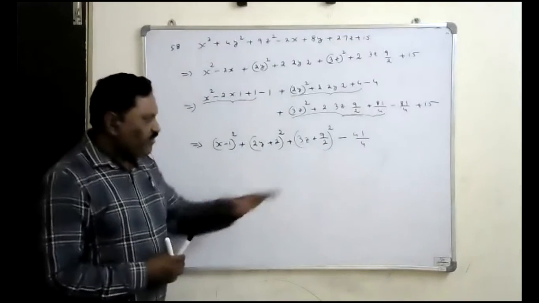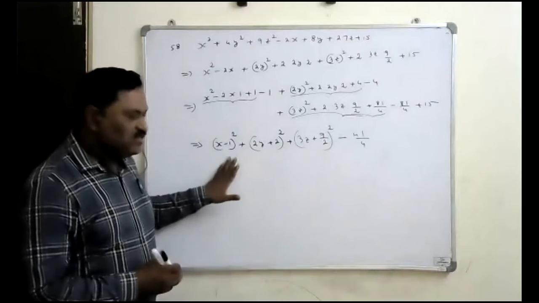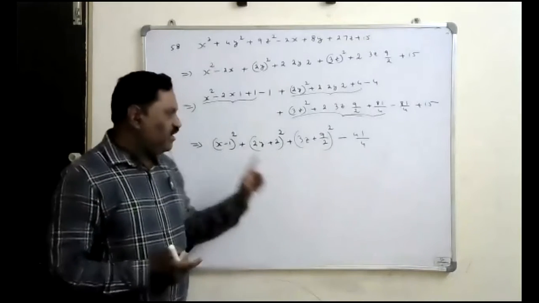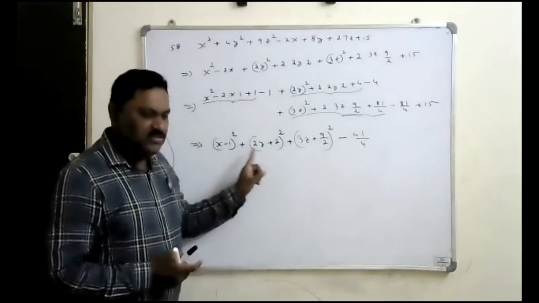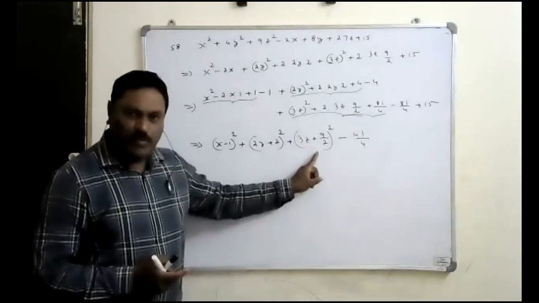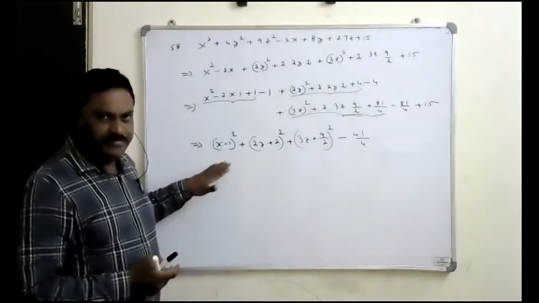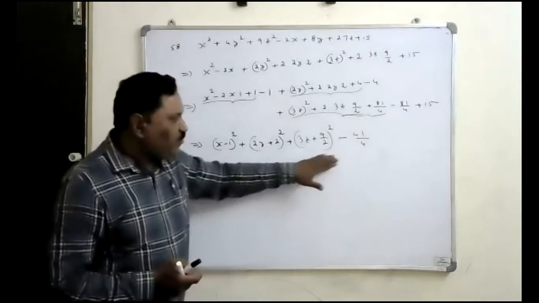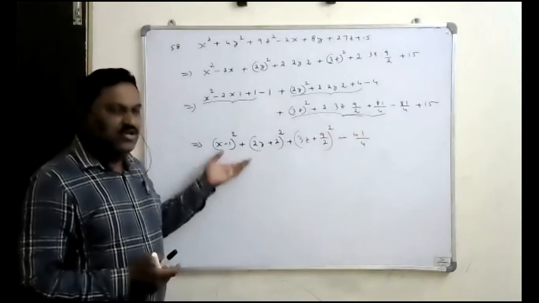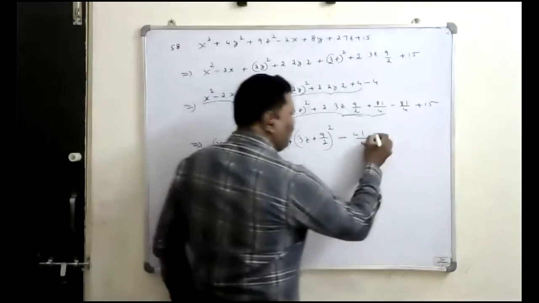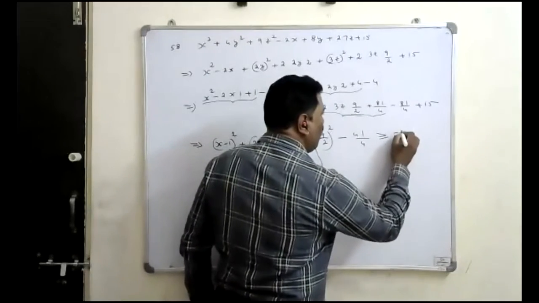Now if you observe, these three terms are perfect squares, means for any value of x, y, z, this is always positive, this is also positive, this is also positive. Means to this number, I am adding some positive number. For any number, if I add a positive, this total value will be more than that number, no? Greater than or equal to minus 41 by 4.